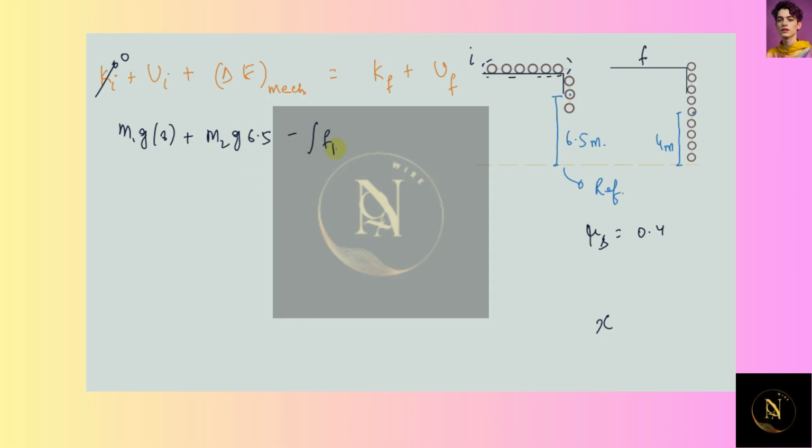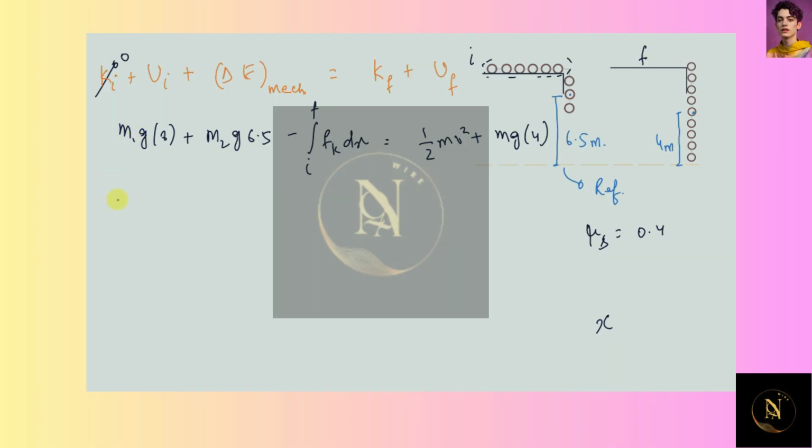Integration fk times dx, from initial position i to final position f, is equal to final kinetic energy, which would be 1 by 2 m v square, and final potential energy would be m g times this distance, which is 4 meter. Now I'm going to plug the values here.